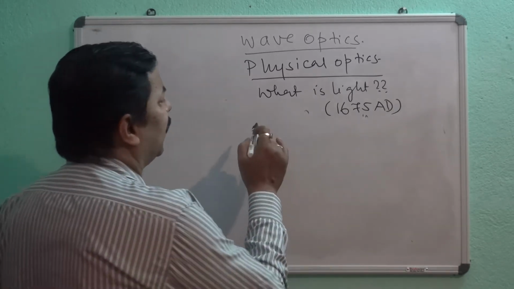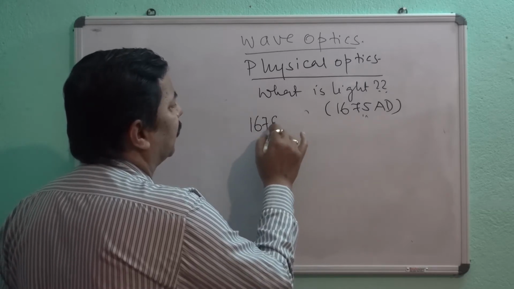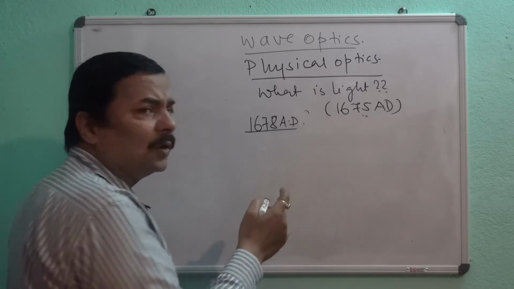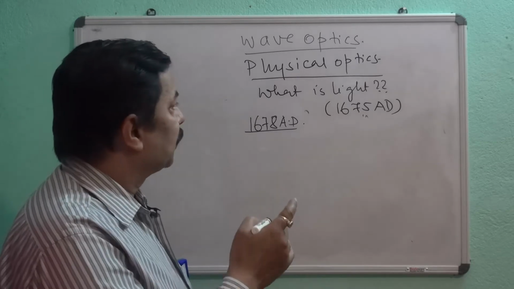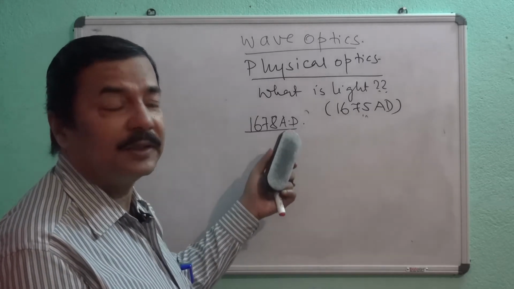So in the year 1678, try to get the development of the theory. So I am mentioning the date. It will help you in understanding the development process in a better way.